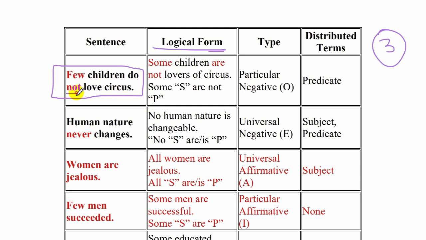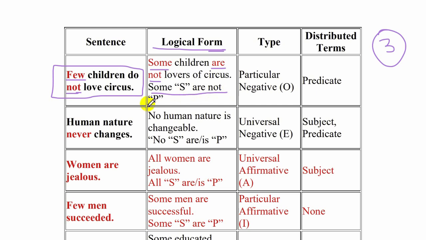So, few children do not love circus. We already know not means do not. I already explained, not means it's an O type proposition. So few means some. So some children are not lovers of circus. This is the standard form because we need to have some are not.